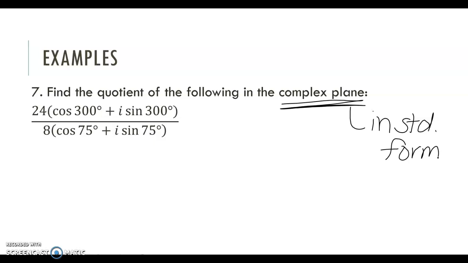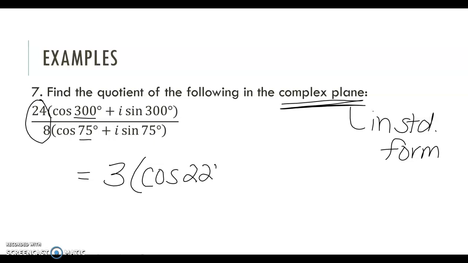And I'll skip a couple steps here as we go again. So 24 divided by 8, that's going to give me an r value of 3. And then if I subtract 300 minus 75, I get 225 degrees plus i sine 225 degrees. So there's my answer in trig form. Let's convert that to standard form.